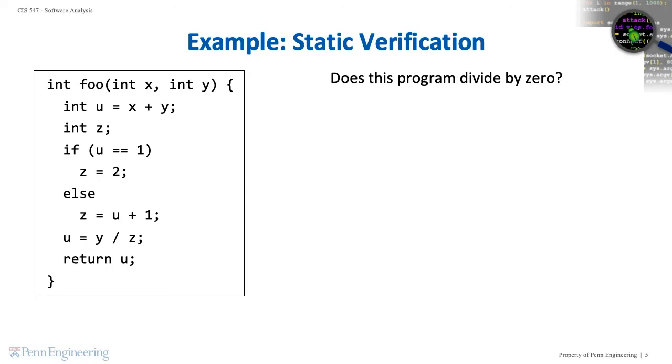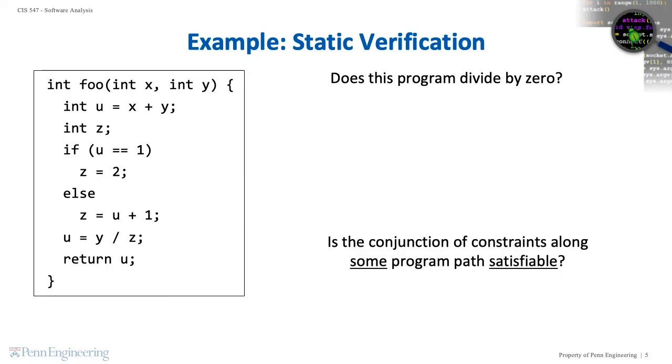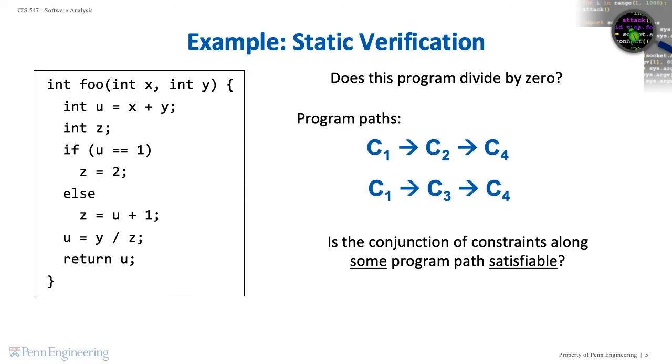There are only two paths in this program. A path divides by 0 if and only if the conjunction of constraints along that path is satisfiable. These constraints are C1, C2, and C4 along the path that follows the true branch, and C1, C3, and C4 along the path that follows the else branch.